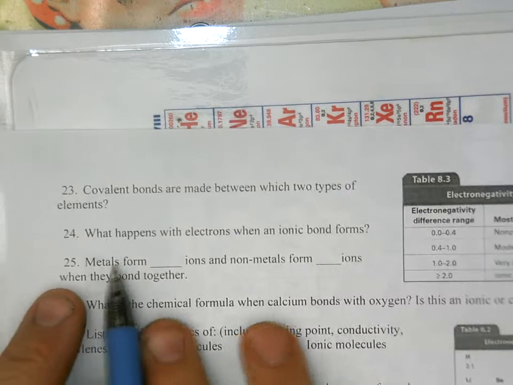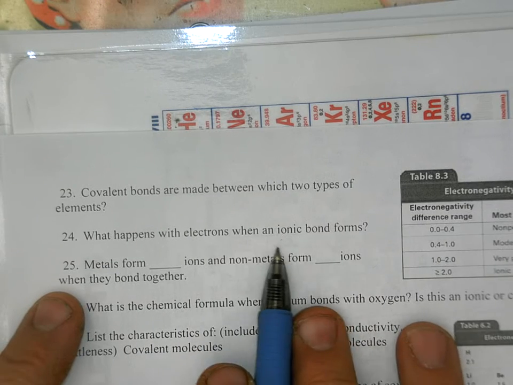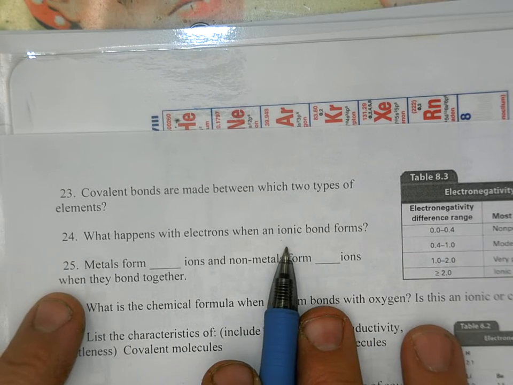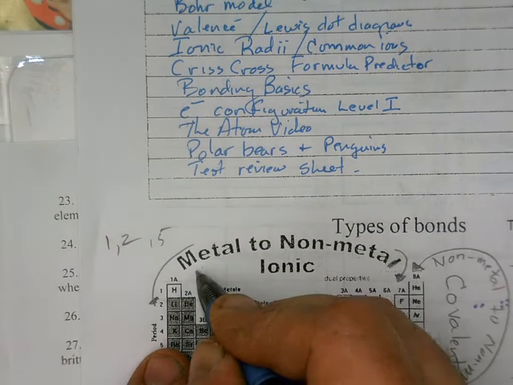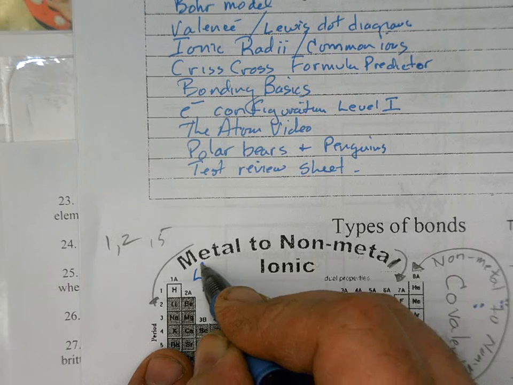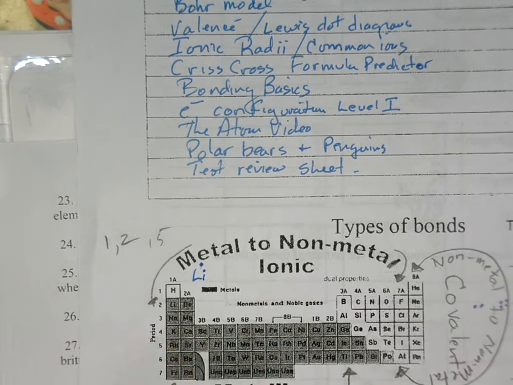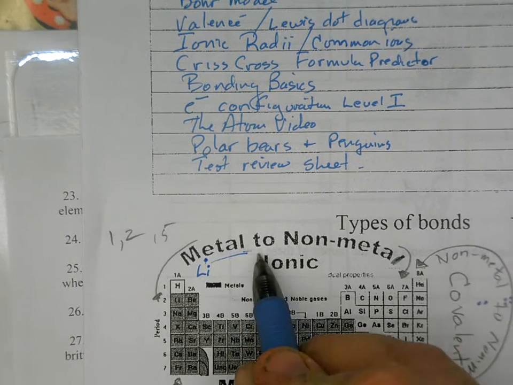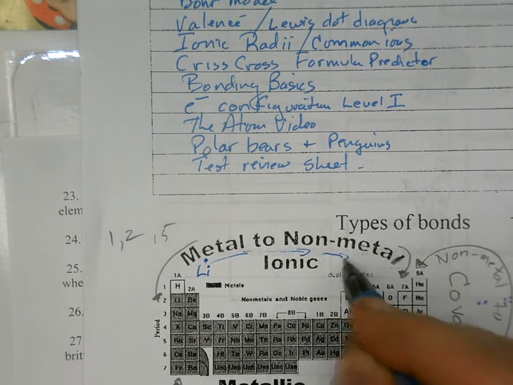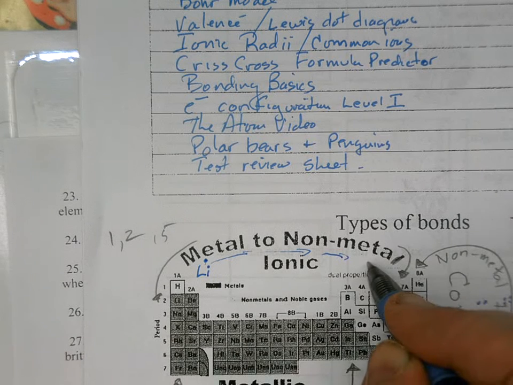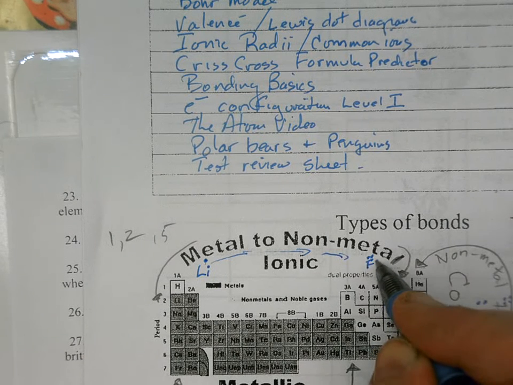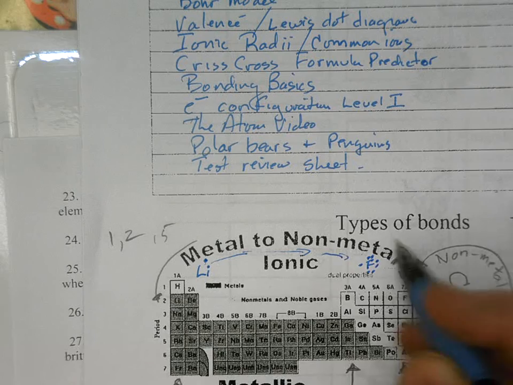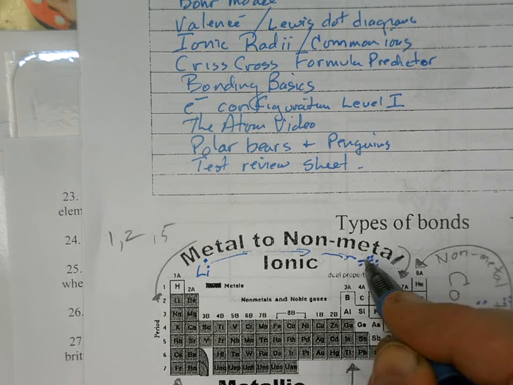Number 24, what happens with electrons when an ionic bond forms? So an ionic bond, you've got metals like lithium, with lithium has its 1 valence electron. It is going to throw its electron away, and nonmetals like fluorine, sitting there with 7 valence electrons, will happily take it.